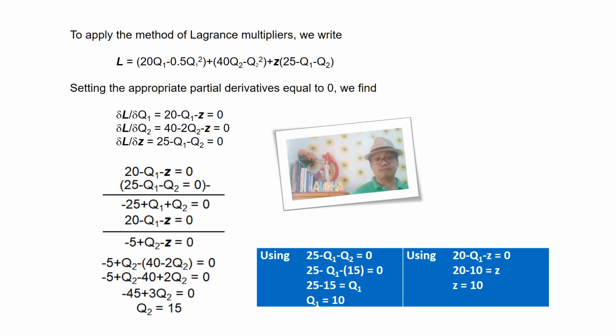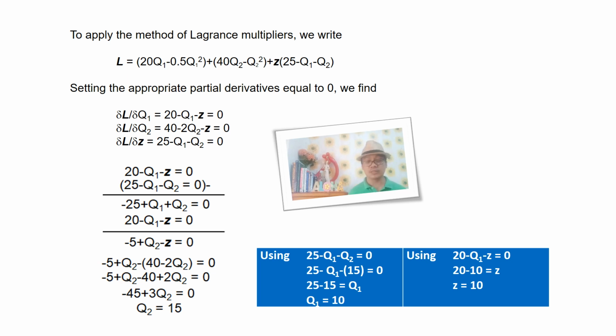Setting the appropriate partial derivatives equal to 0, we find the partial derivative of the Lagrangian function with respect to q1 equals 20 minus q1 minus z equals 0. The partial derivative with respect to q2 equals 40 minus 2 q2 minus z equals 0.